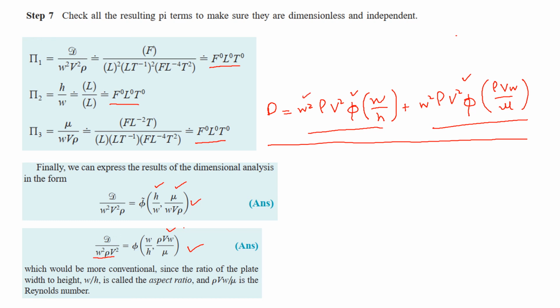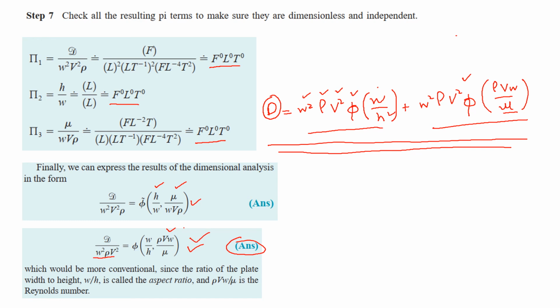These are my width, the density, velocity, and the height of the plate, and also the dynamic viscosity, and this constant. What will be the effect of these variables when I change them? What will be their effect on the total drag force that was subjected on the plate? So this is how we are going to represent our final result.